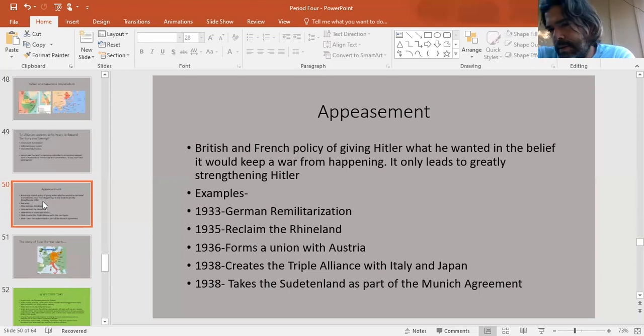But you have to admit, it's not right that there are hundreds of thousands of Germans living in Czechoslovakia and not living in Germany. Let me have the Sudetenland. And I promise you, this is the last thing I'm ever going to ask for. He's convincing. And the Prime Minister of Britain, Neville Chamberlain, says, deal.